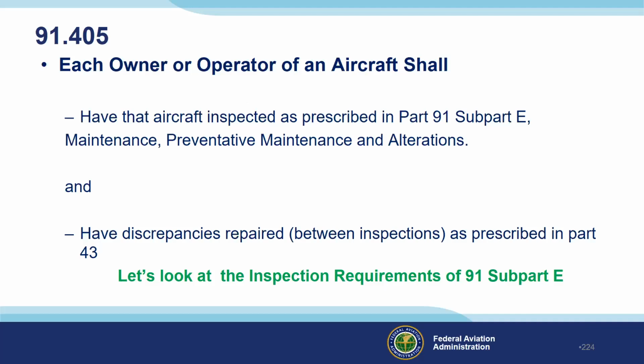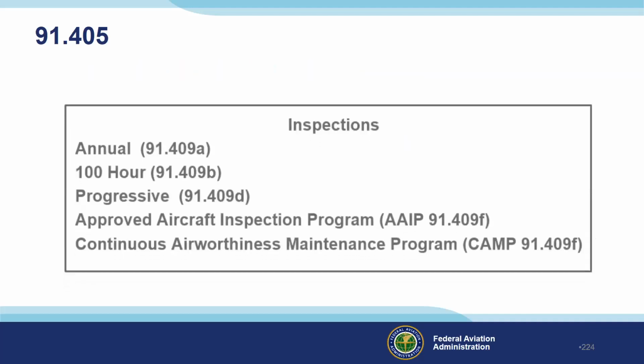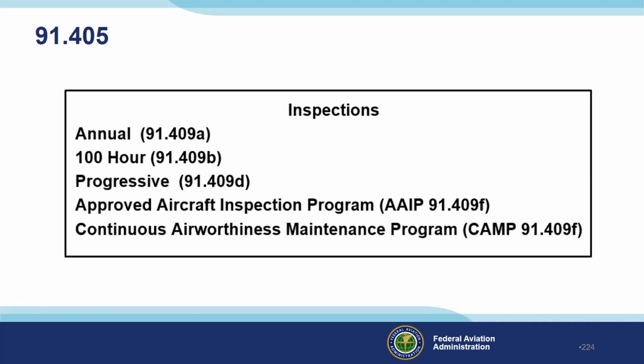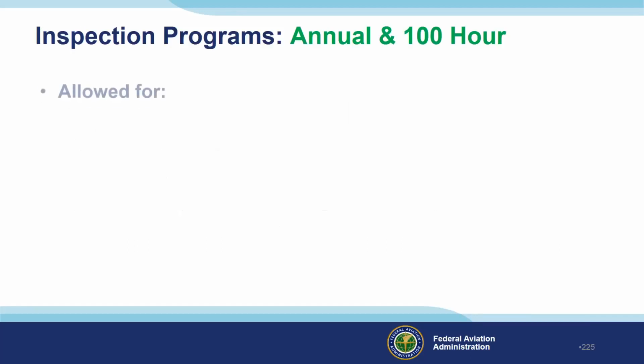So let's look at the inspection requirements. These are the different types of inspections: annual, 100-hour, progressive, or an approved aircraft inspection program, commonly called AAIP, or a continuous airworthiness maintenance program, a CAMP.